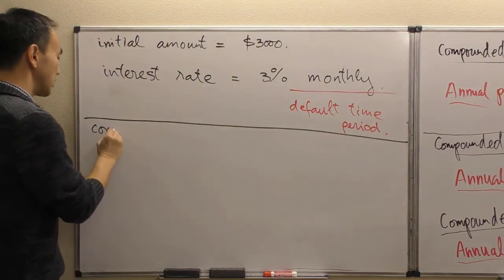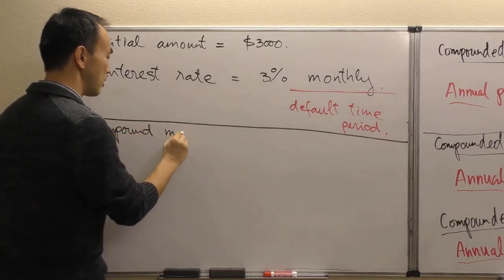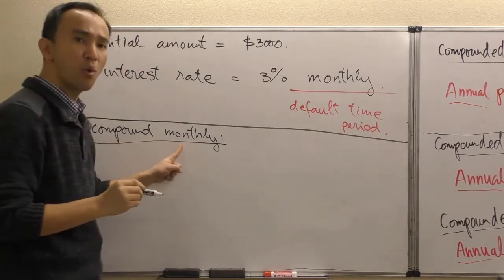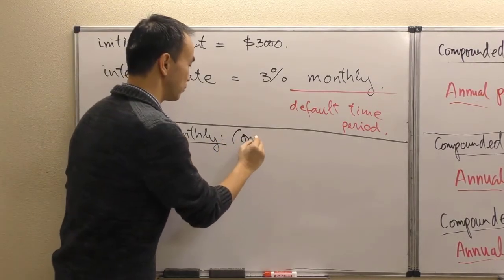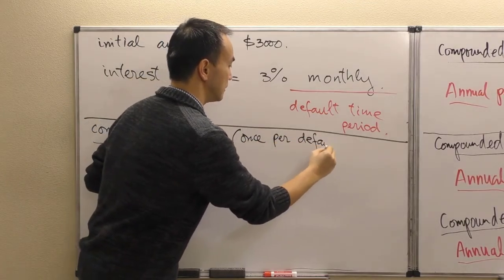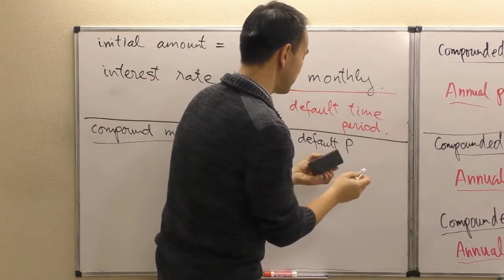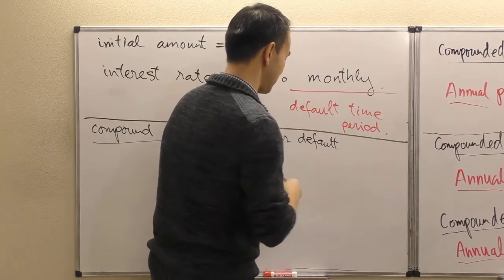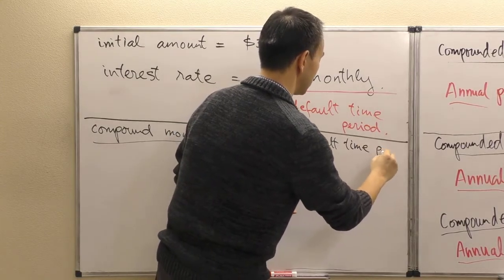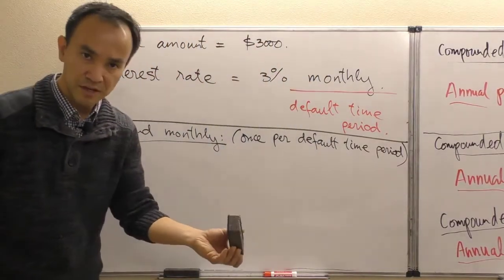Okay, so now if we really are going to compound our interest monthly, notice I always tend to start out with the plan that's going once per default time period. The default time period here is 1 month.